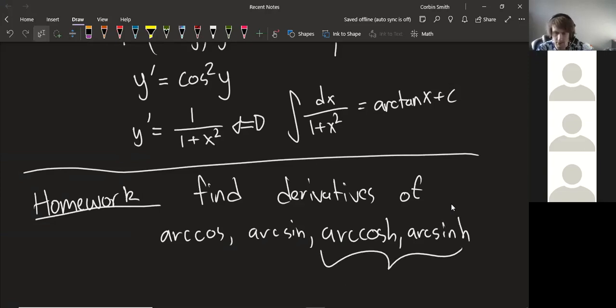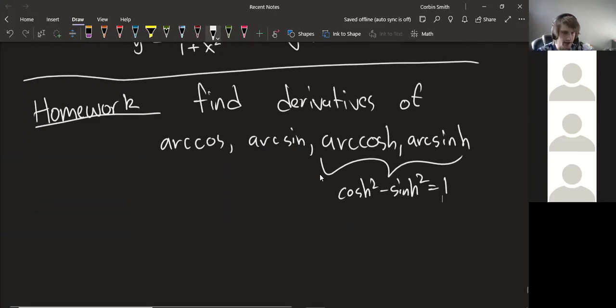And for these two, you might want to keep in mind that cosh squared minus sinh squared is equal to 1. That's a very fun exercise to do.